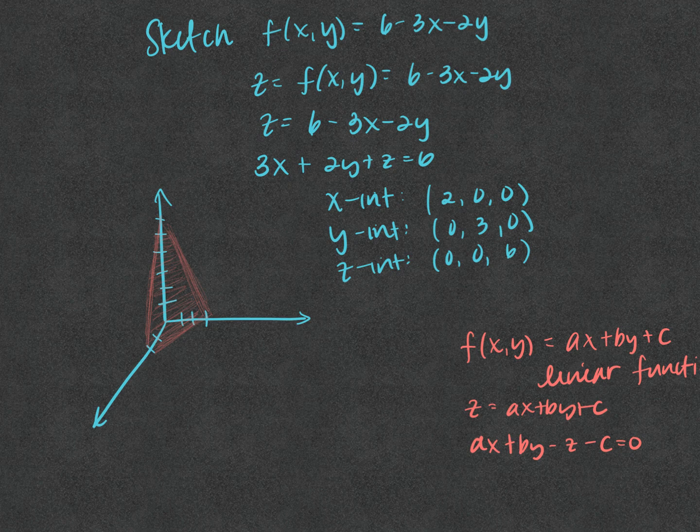Either way, this helps you see the plane in our 3 space. It's very similar to the line in 2 space where ax plus by plus c equals 0, or ax plus by equals c are your 2 forms of the line in single variable calculus. So now that we're in multivariable calculus, we see the plane.